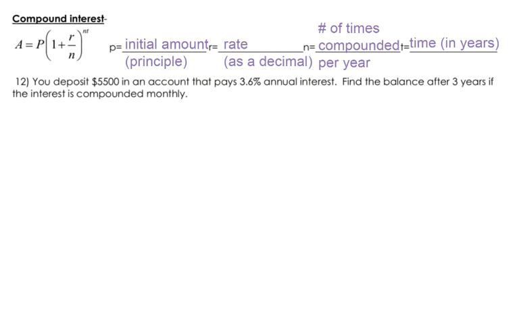So first example here, you deposit $5,500 in an account that pays 3.6% annual interest. So right away, I know that my starting amount, my principal amount, is $5,500. I know that my rate is 3.6%, which means it's 0.036.